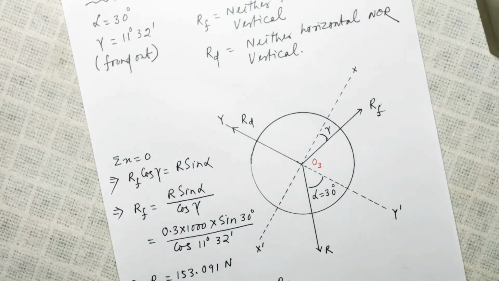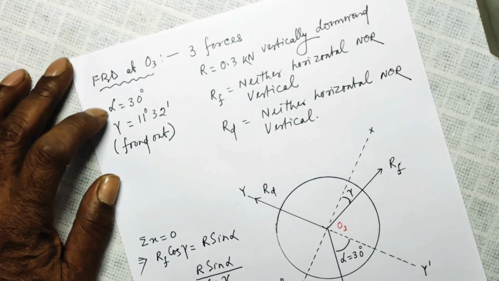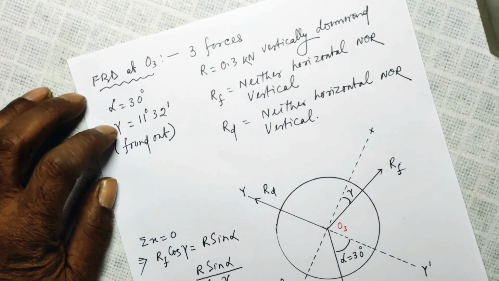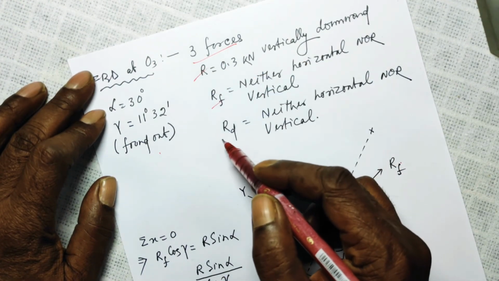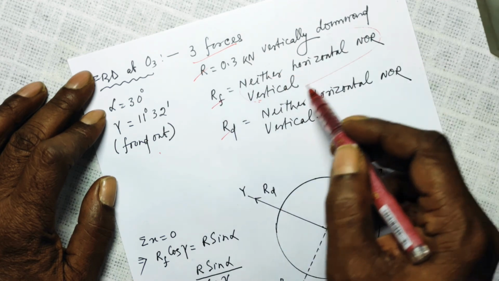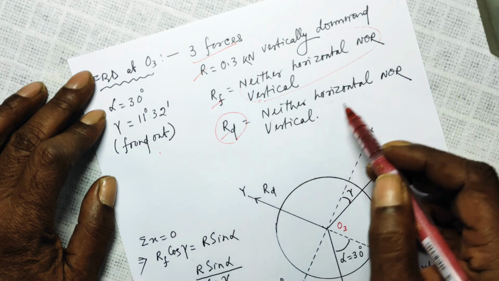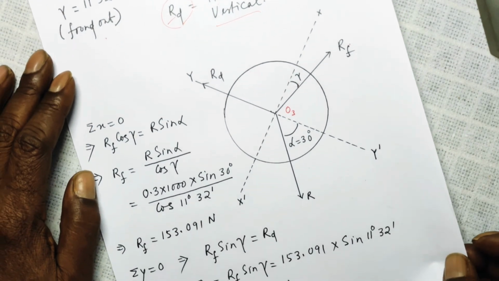So once that is done, now it is very simple. So alpha is given 30 degree, gamma is found out. Now there are three forces, R, RF, RD. This R is neither vertical nor horizontal. This RD is also neither horizontal or vertical as per the axis I have taken.